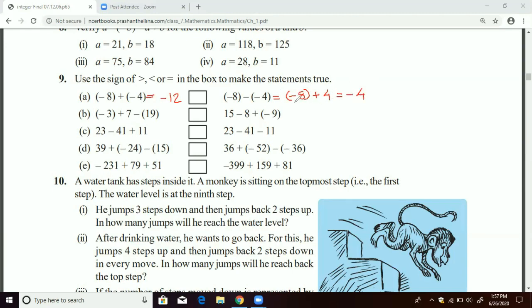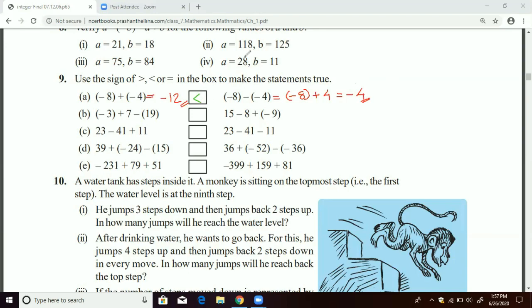Negative 4 is the answer. Now we have to check which is greater, negative 12 or negative 4. We can easily see that the greater value is negative 4. Whenever a negative number gets larger in magnitude, its value gets smaller. So negative 12 is less, and negative 4 is greater. So less than is the answer to the first one.